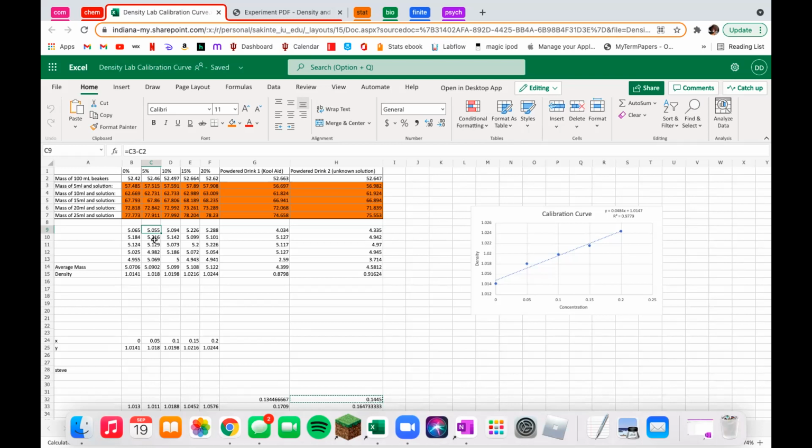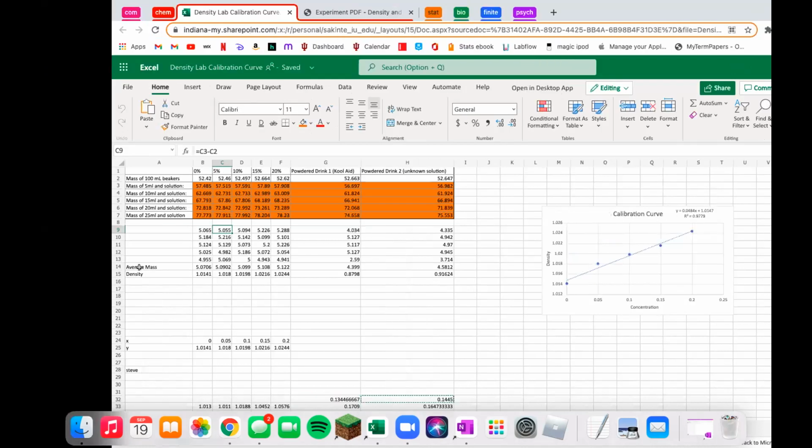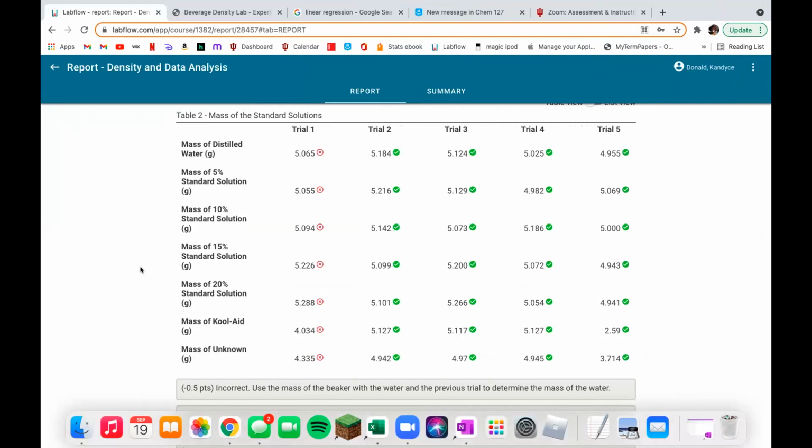So what is it supposed to be? Instead of C2, because you have your... okay, never mind. Go back to your table in LabFlow. 5.065, 5.055.